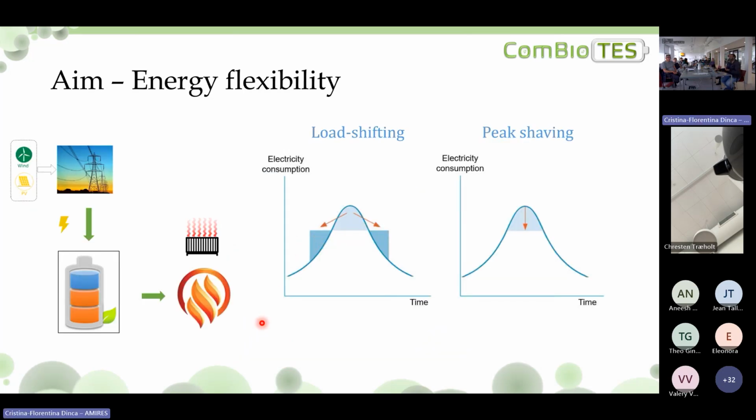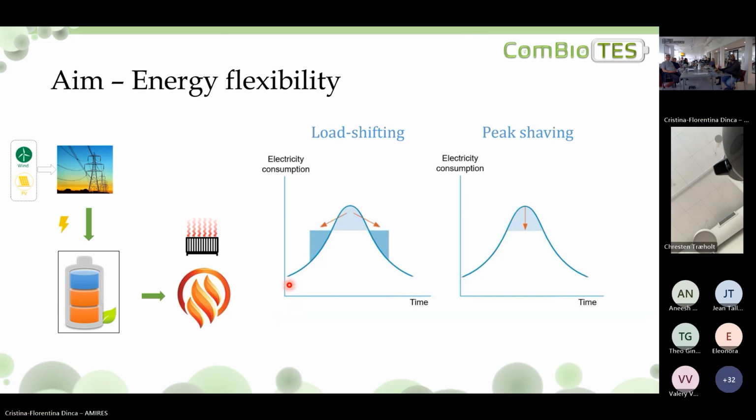So the developed EMS and the implementation show that we are able to achieve energy flexibility in terms of shifting the load and also reducing the peaks. Of course, the degree of flexibility depends a lot on the capacity of the storage, also on the capacity of the building, the sizing.